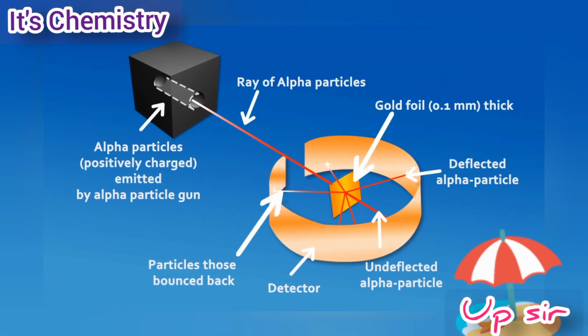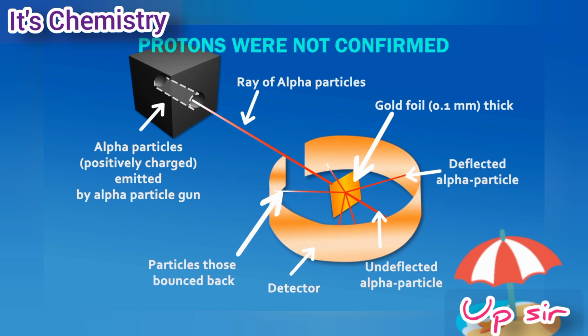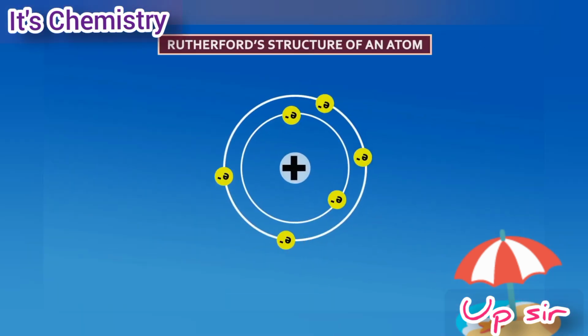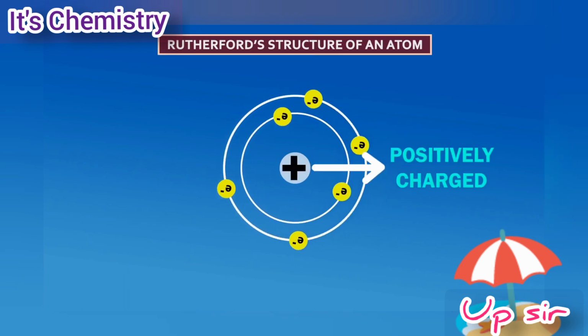Not until Rutherford performed his famous gold foil experiment in 1911 were protons really confirmed. As a result of his experiment, Rutherford was able to confirm that the atom's nucleus is positively charged.